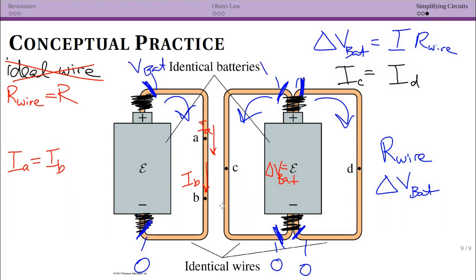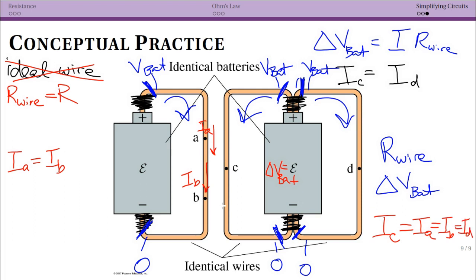The top part here is equal to VBAT. The top part here is equal to VBAT. So we have the same potential difference in each case, the same resistance. So what we actually get to say now is that IC is equal to IA, which was also equal to IB, which is also equal to ID.